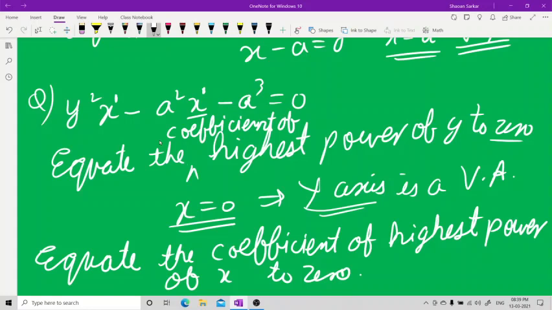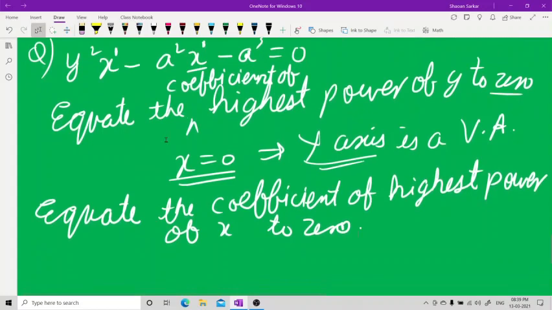Now before that, let's see what I have to do. Write this equation like this: y square minus ax minus a cube equal to 0. Now this is that coefficient.